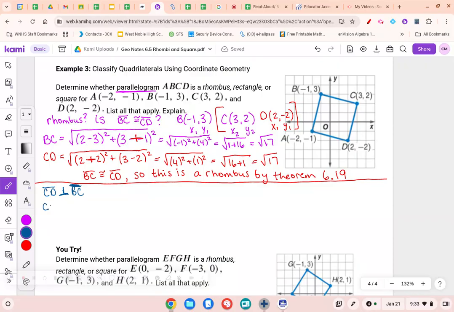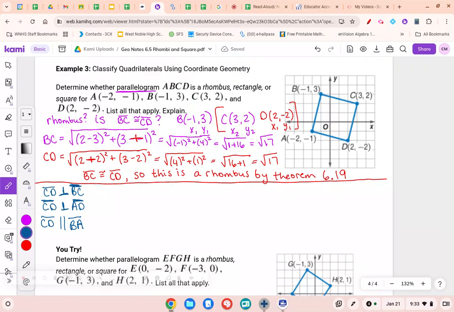And CD must be perpendicular to AD. And then if CD is parallel to BA, we know that it is also perpendicular to the other two.